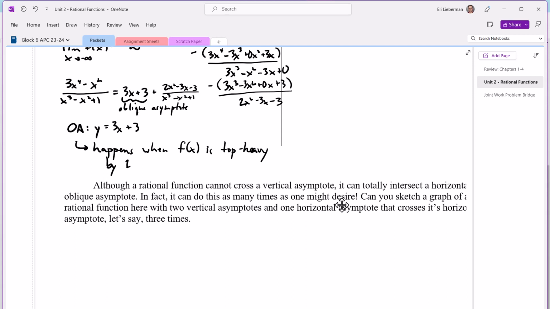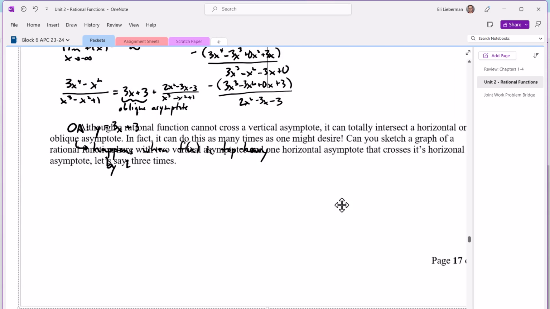But first of all, why can't vertical asymptotes be crossed? Enzo, what do you think? Because it's undefined there, right? It just wouldn't be a function there. So how would it possibly even cross that vertical asymptote?